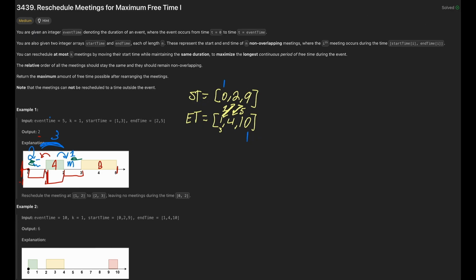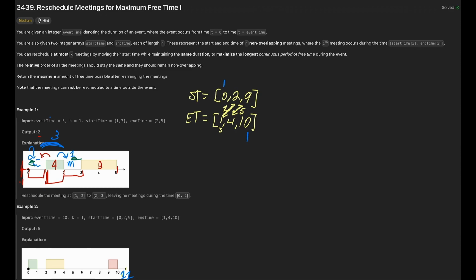But if you look at the constraints, which are not shown on the screen right now, there is no constraint saying that the meetings have to start or end at t equals 0 or t equals event time, respectively. So it is entirely possible that this could be t equals event time 11, and we could still have the same meeting ending at 10. That would be a valid example.